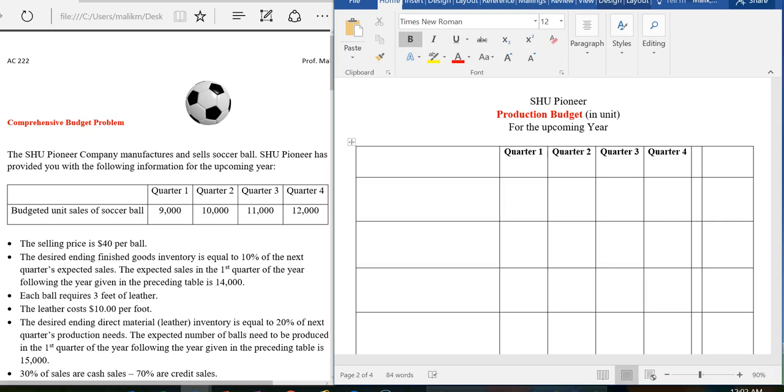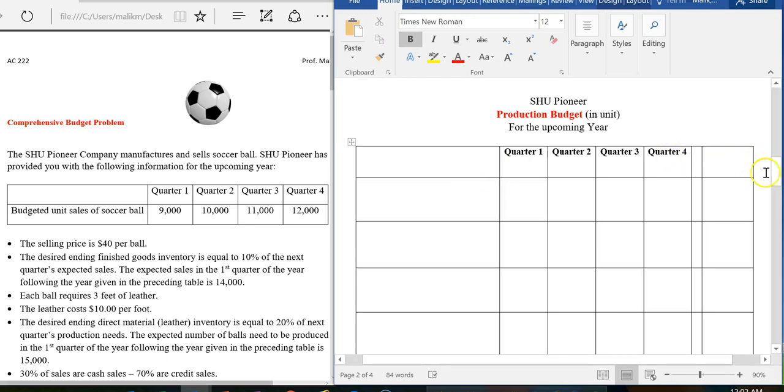Now we will check how many balls, or how many units, they actually need to produce. And of course, it depends on how many units they want to sell, how much they want to keep as their ending inventory, and what they already have as their beginning inventory. So now let's do it.